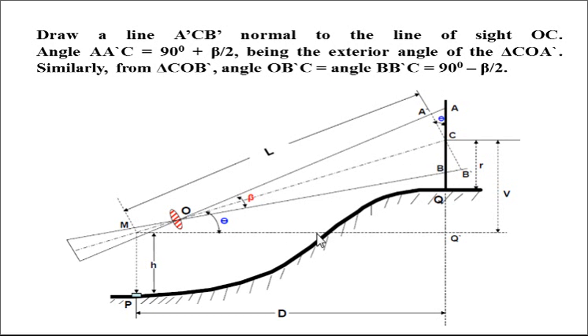So from this data we are going to derive the distance and elevation formula when the staff is kept vertical and the line of sight is inclined upward.